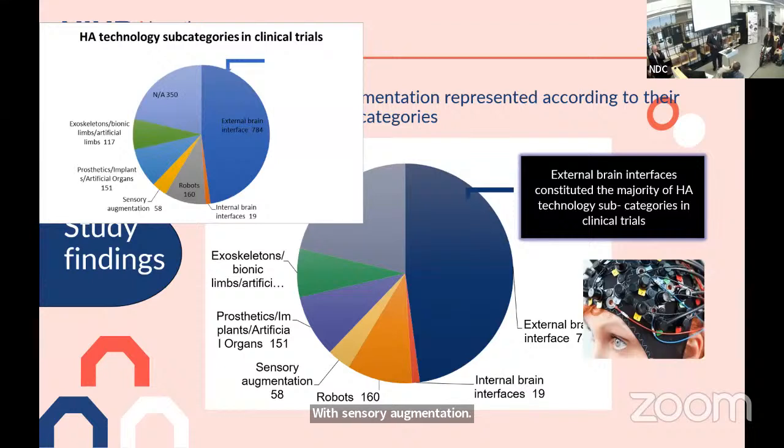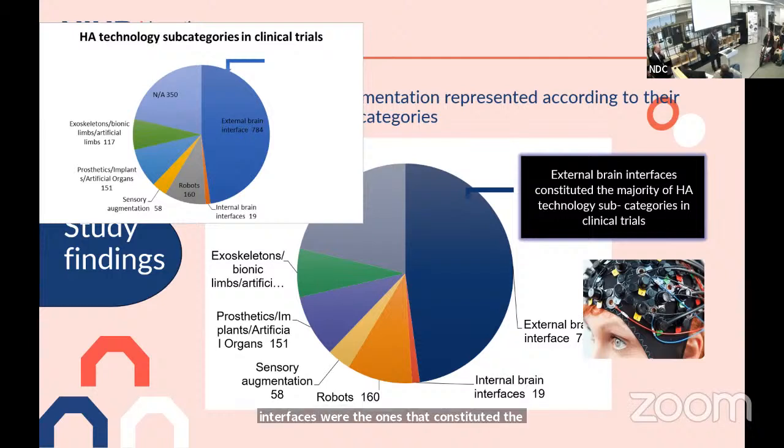These are some of the numbers as well that we subcategorized the three core categories into subcategories, and one interesting thing shown in this particular diagram is that the trials that were investigating external brain interfaces were the ones that constituted the majority of these technologies.